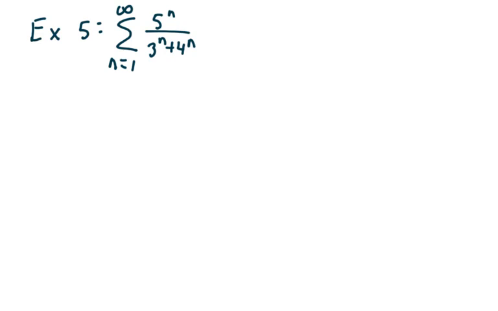Okay. So we got to think about this a tiny bit, right? Now, 3 to the n plus 4 to the n is less than 4 to the n plus 4 to the n, which is equal to 2 times 4 to the n, right?